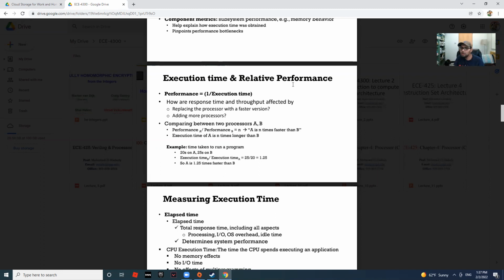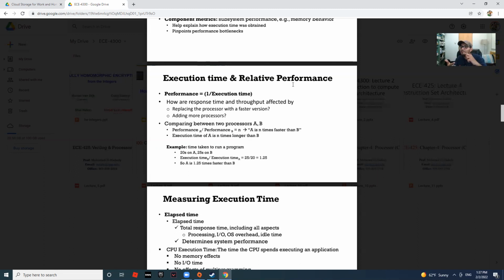From there, you can say execution time of A is longer than B, or B is faster than A by this ratio. Example: if my processor A is taking 20 seconds to finish a task, while B is taking 25 seconds to finish the same task or program, who is faster than who? So in that case, I would say execution time of B over execution time of A is almost 1.25. What does it mean from your point of view?